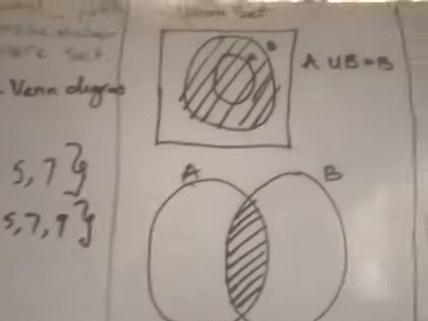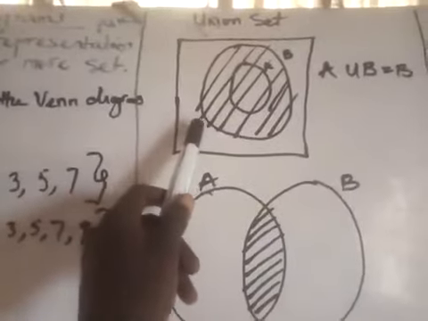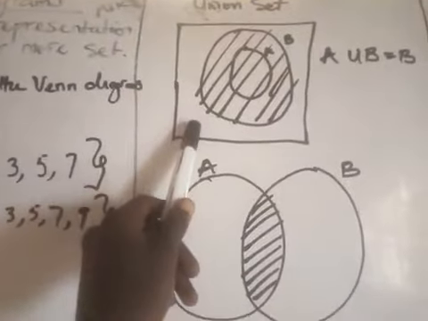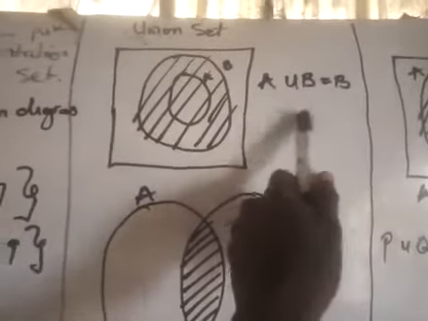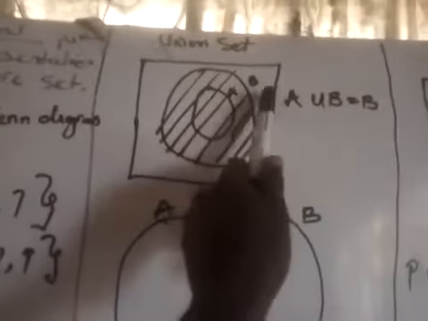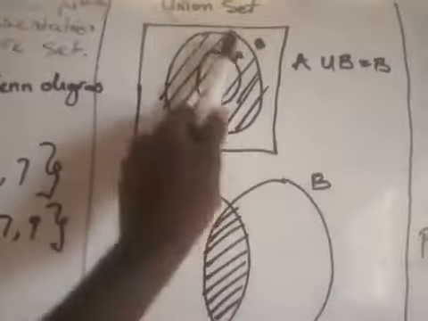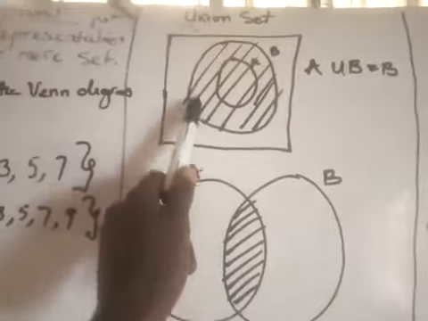You understand? So this is how you can represent the set with a Venn diagram, especially the union. A union B is this, where B is equal to A. So that means everything in A and in B. So you have this type of Venn diagram.